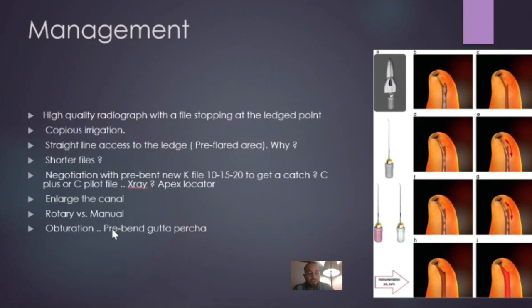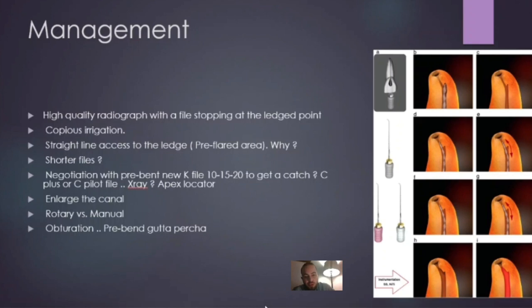If you choose to use rotary files, then you have to go for CM wire, controlled memory, rotary files. Place the file with your hand first below the ledge and then attach it to the rotary motor and activate it with short up and down movements to enlarge the space below the ledge and eliminate the ledge for easier obturation.